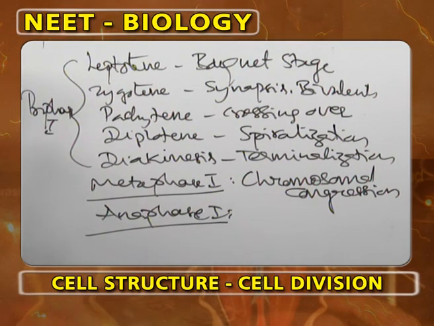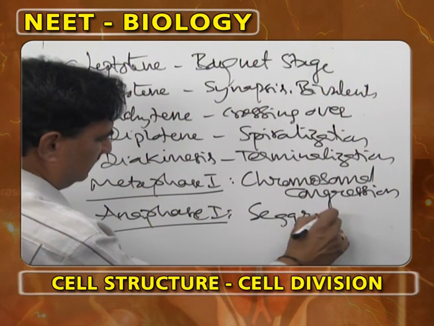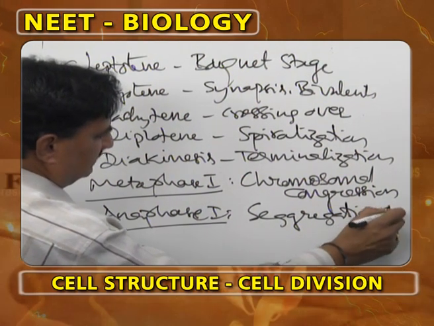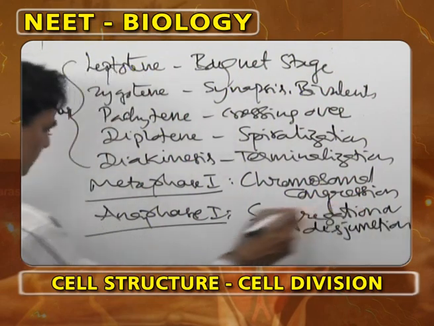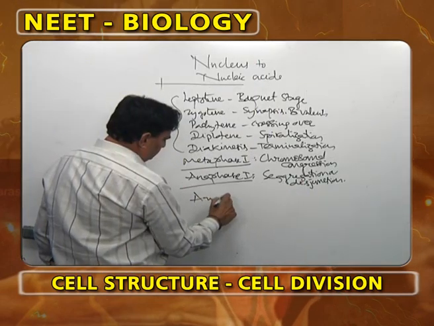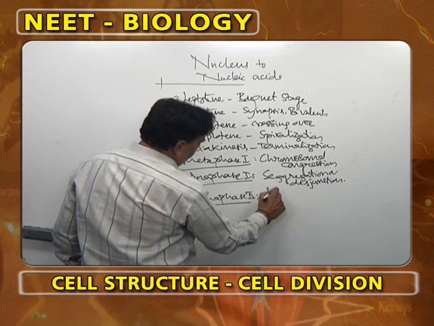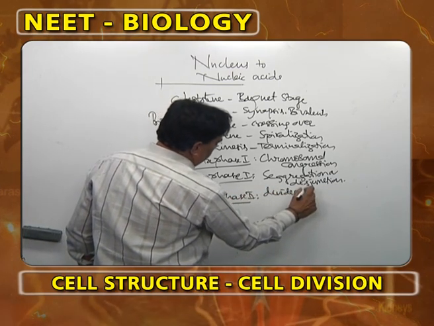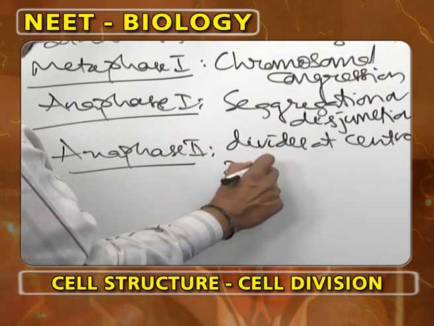Homologous chromosomes, haploid genomes get separated. This is called segregation or disjunction. Then anaphase 2. Anaphase 2 is the stage where the chromosome divides at the centromere and daughter chromosomes are formed.